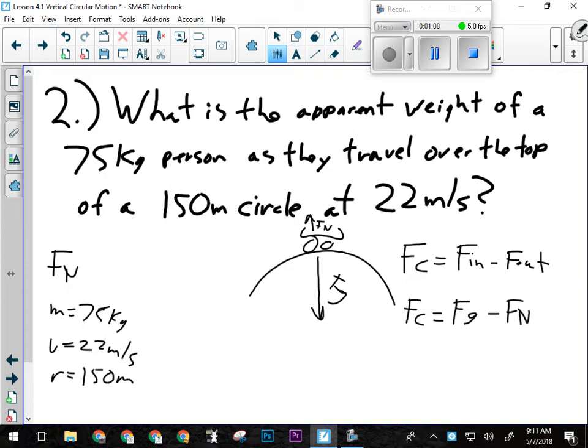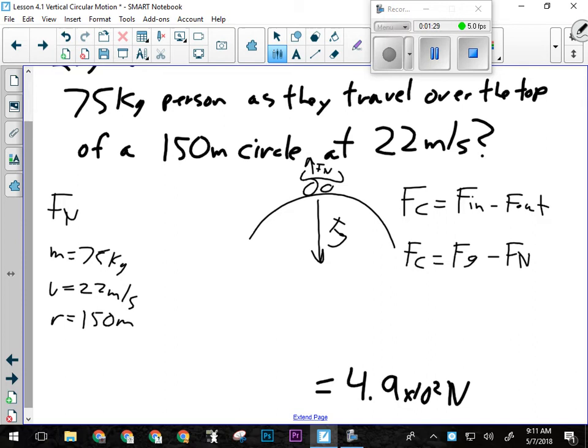Now, when I do one of these questions, I always want to solve for a positive number. A lot of people will just subtract Fg over to this side and solve for Fn, but what they don't realize is they're not solving for Fn, they're solving for negative Fn. And then they get a negative number and they're not sure about their answer. So what I always do is I move Fn over to the other side so that it's positive.